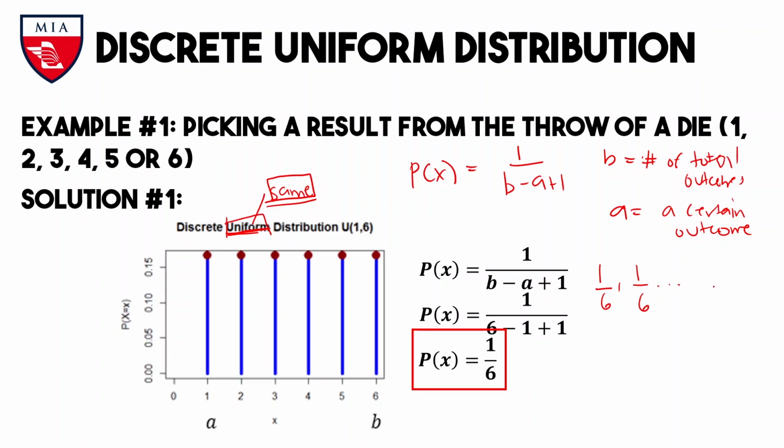And the probability of getting a 6 in one roll of a die is also 1 over 6. Like I said earlier, in discrete uniform distribution the values of all probabilities are the same. So if we observe this, 1/6, 1/6, and 1/6.